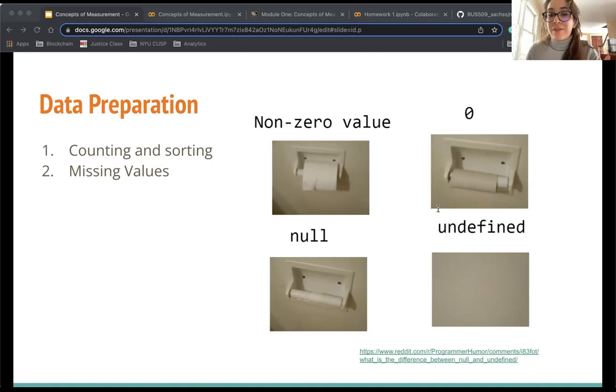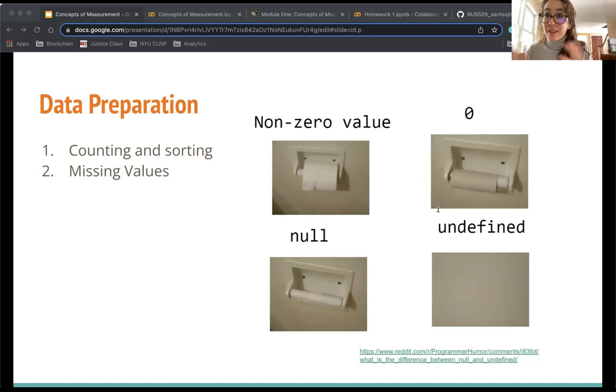That could be meaningful to say there's no toilet paper left, or 0. Compared to this, when there's no toilet paper roll at all, this would be a missing value called NaN or null. Again, NaN is not a number. This stands for when it's not really 0, because there's just not anything there in the first place. It would be imprecise to say this is 0 or there's no toilet paper left. There's really just nothing there.